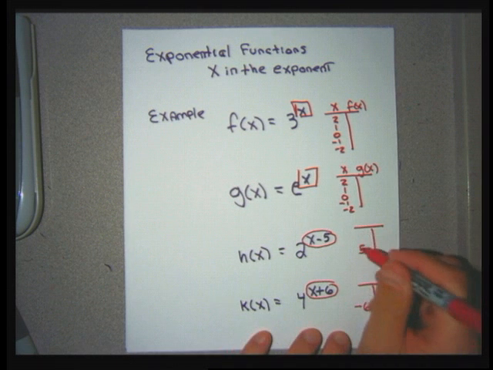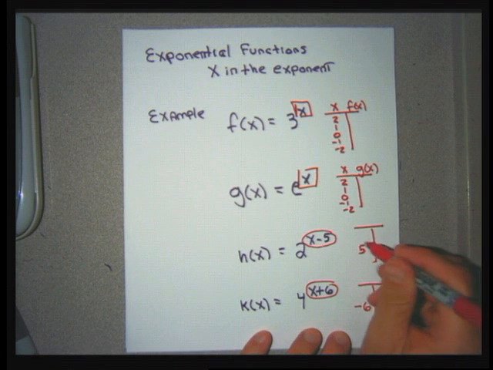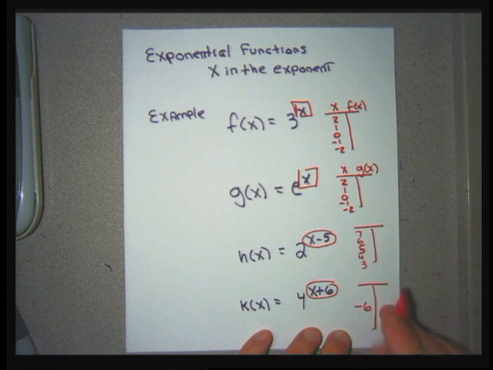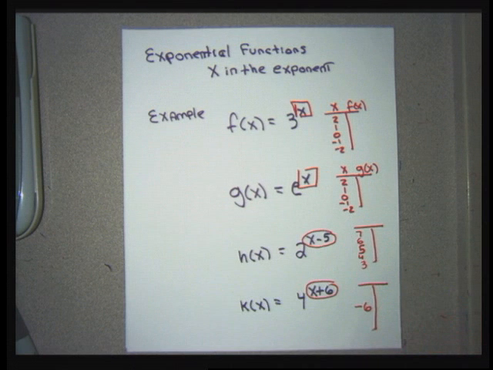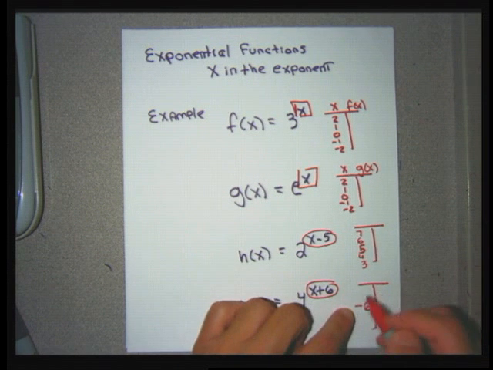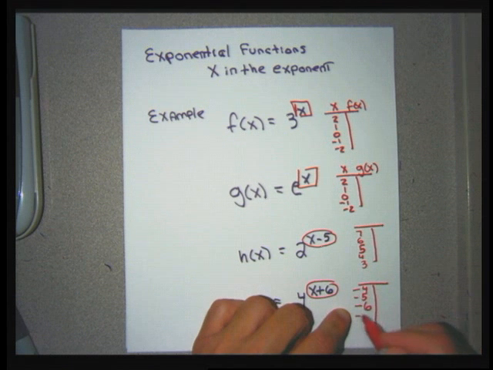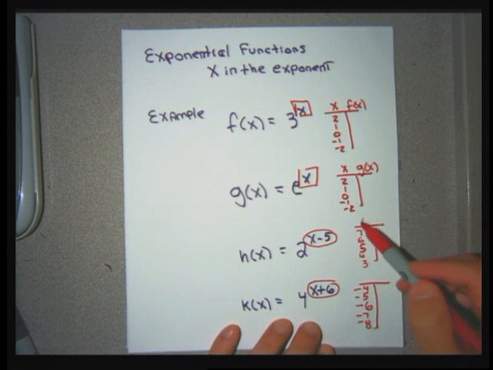For the 5 in the middle of the x column, I'm going to put numbers that are bigger than 5 and less than 5 to fill up the x column, so 7, 6, 5, 4, 3. Similarly, for this one, I'm going to put numbers bigger than -6 and less than -6 in my x column before I find out my y's.